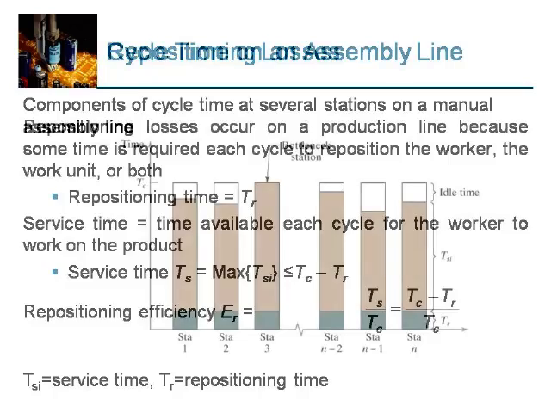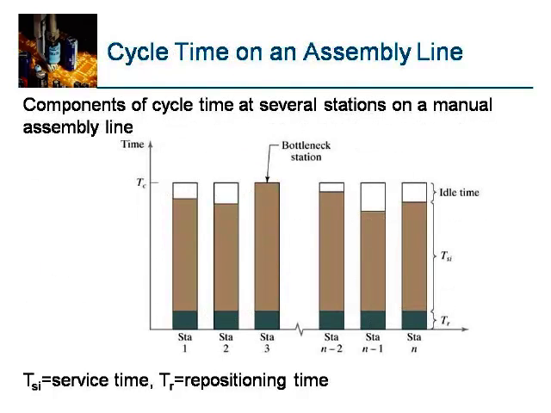Components of cycle time at several stations on a manual assembly line are typically shown here. You can see here that this white portion shows the leisure or idle time.